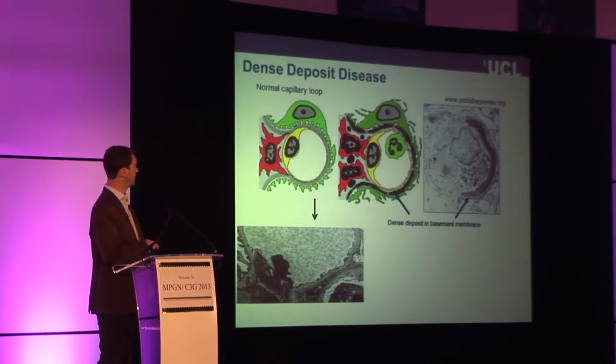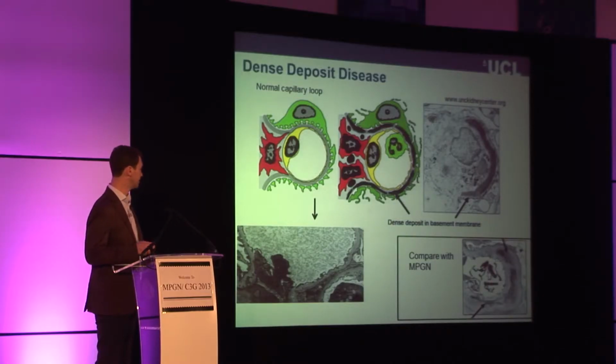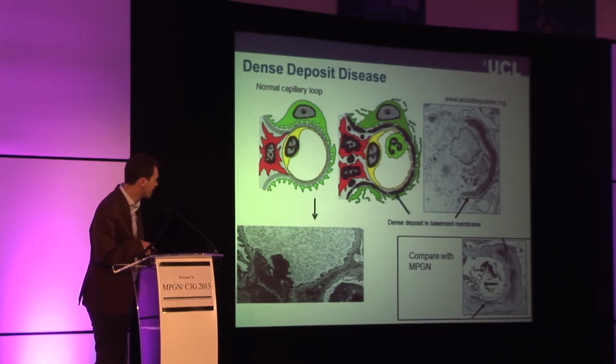So when we see transformation of the basement membrane into this dense material, and it's normally very dense, much denser than we see in the previous slides that I showed you, that's what we call dense deposit disease. Just to compare it with the discrete electron-dense deposits, I hope you can see that there's sort of blackness on the inside of the basement membrane.